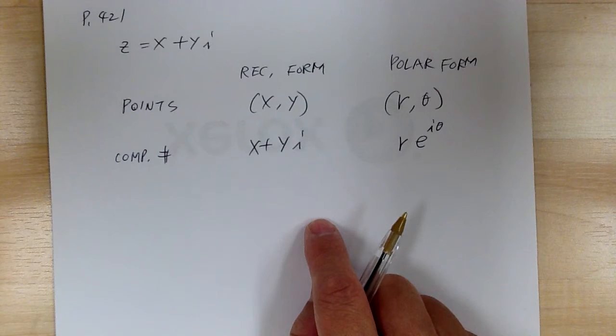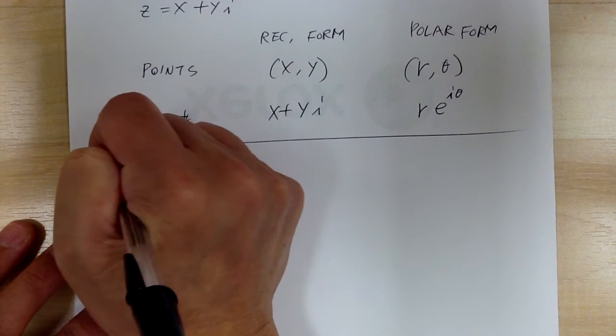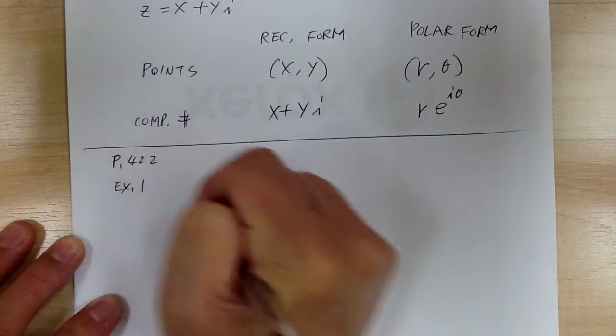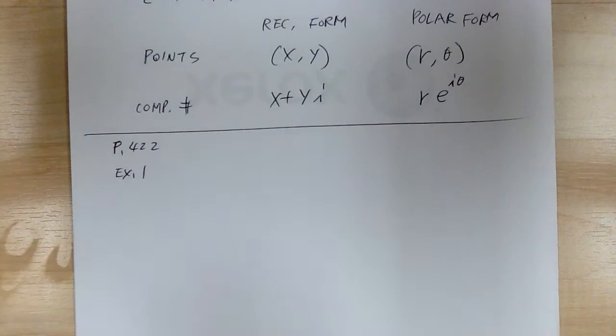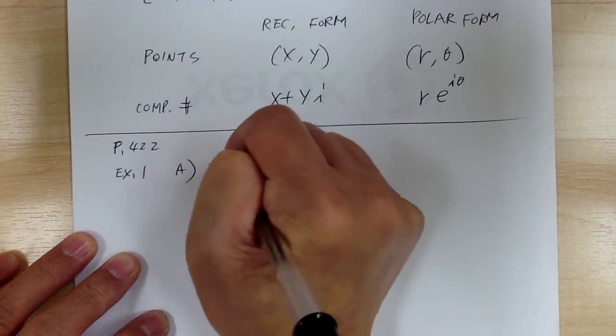Now let's go ahead and look at some examples. Let's go to page 422 and example 1. It says plot each complex number in a complex plane. So A, you've got 3 plus 4i.